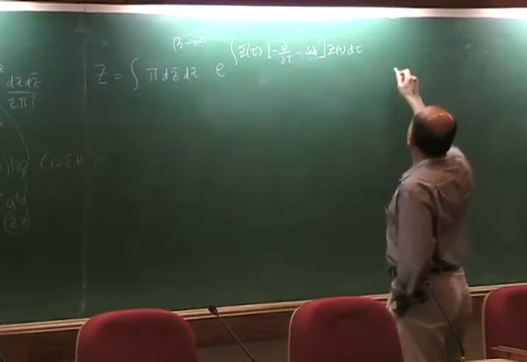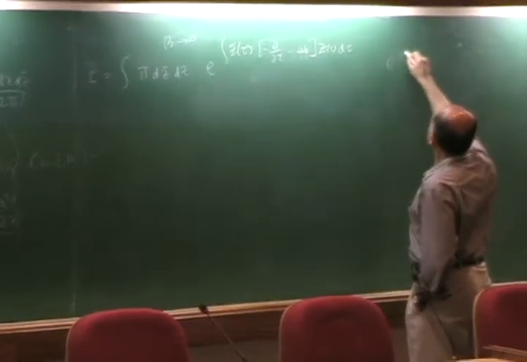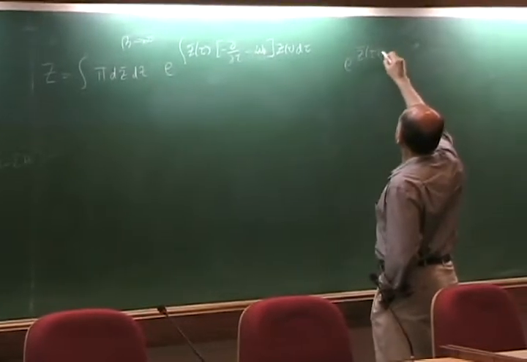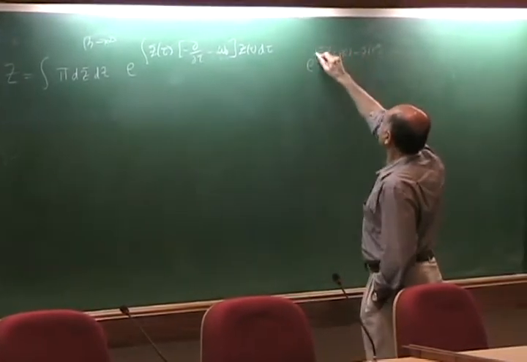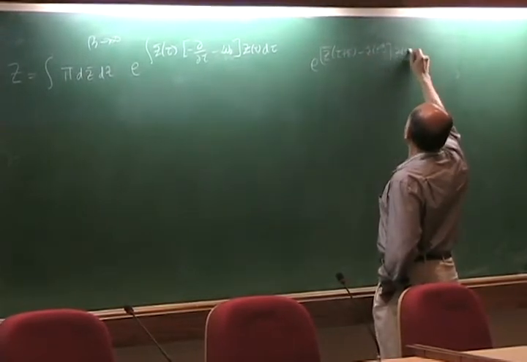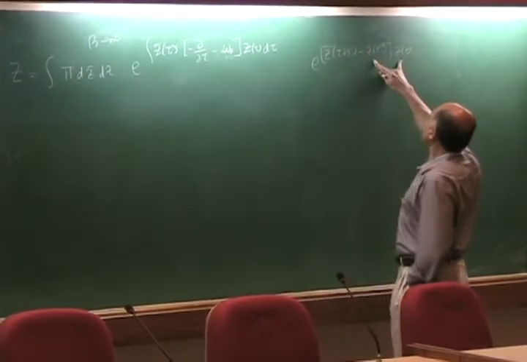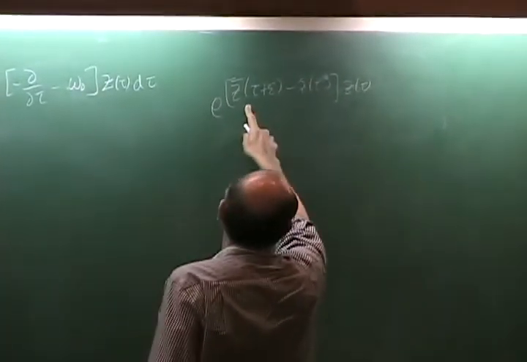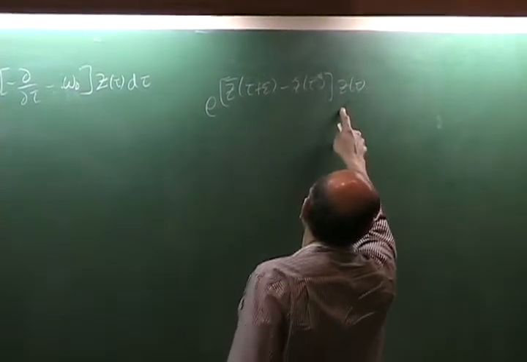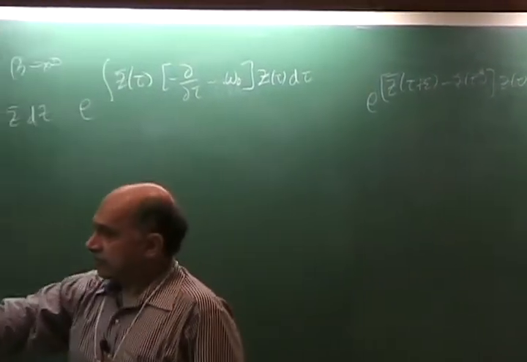What you actually get would be a factor that looks like z bar of some t plus epsilon minus z bar of t times z of t. This e to the minus z bar z comes from this factor, and this one, z bar tau plus epsilon z bar tau, comes from this one.